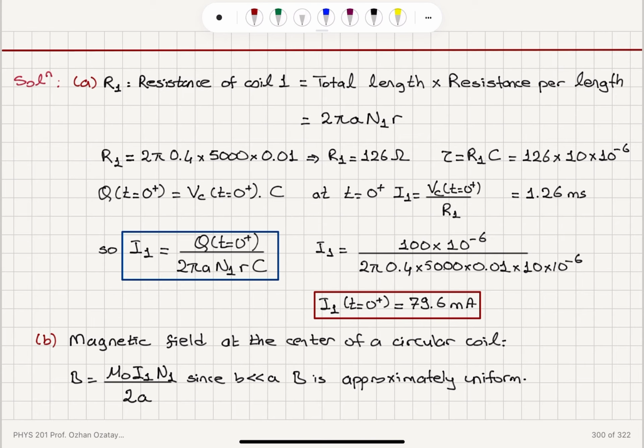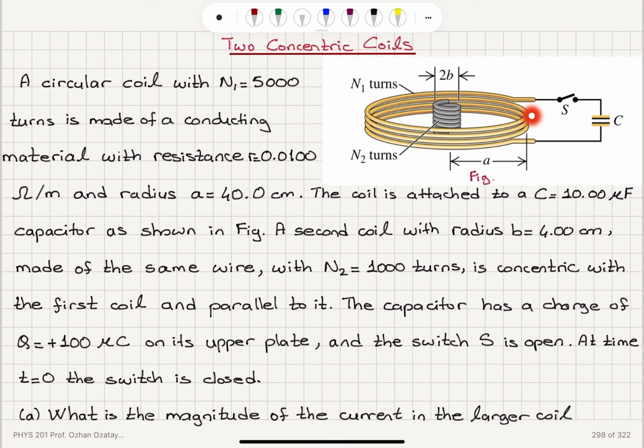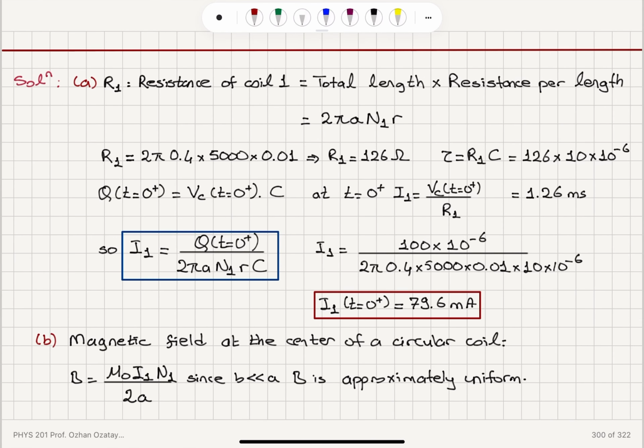Now we see that the resistance of coil 1, the total resistance of this coil through which the current will flow, is 2 pi a and 1 times R resistance per length. We have calculated it, it's 126 ohms, which tells us that the time constant for this discharge process is 1.26 milliseconds. So that's something we can keep in mind.